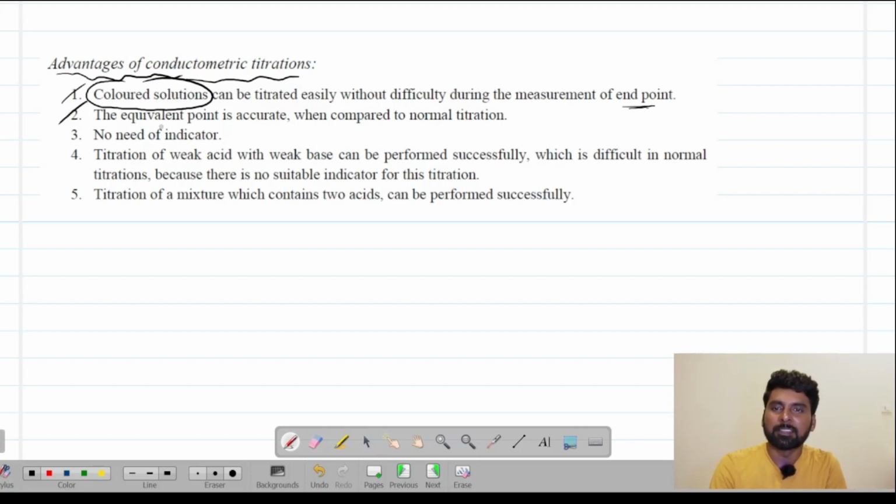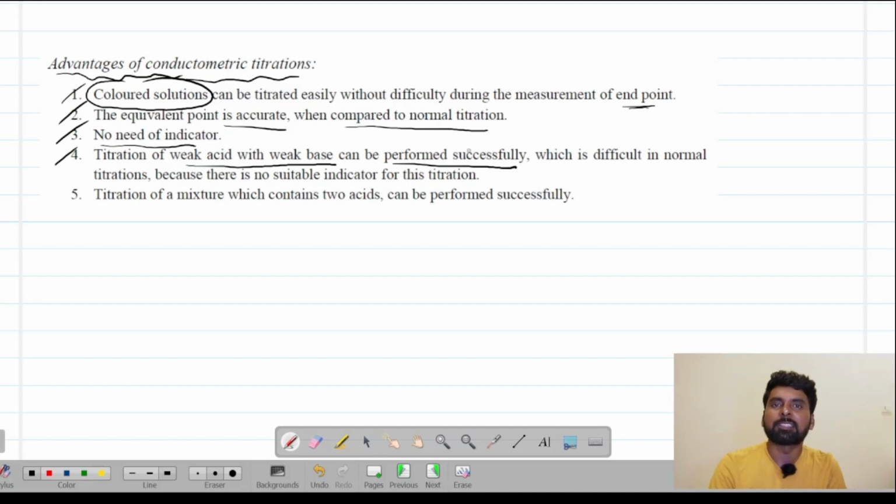Second, the equivalence point is accurate when compared to normal titration. In normal titration you cannot get an accurate endpoint, but in this titration you get it accurately. Third advantage, there is no need of an indicator, since you already have a conductivity meter. Fourth, titration of weak acid and weak base can be performed successfully.